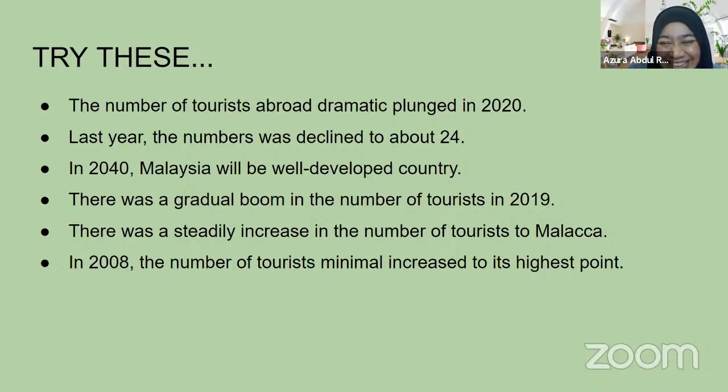Plunge dramatically in 2020. And if there's data given to you, okay, the number of tourists abroad plunge dramatically from 800 to 50. You can say that, okay, from 800 to 50 in 2020, that's even better, if the data has stated as such.